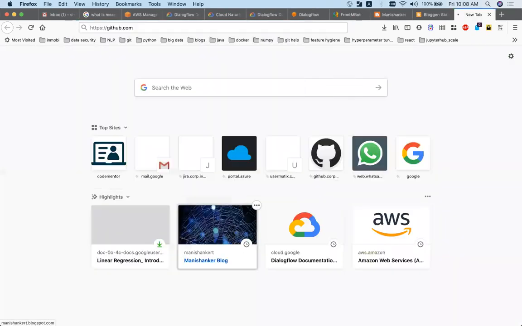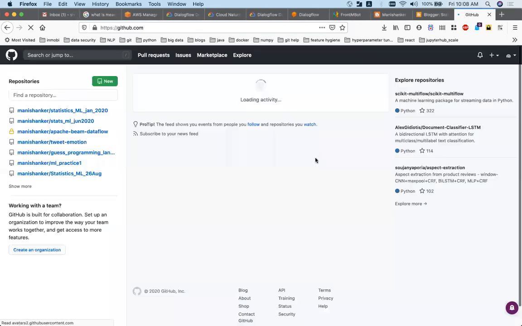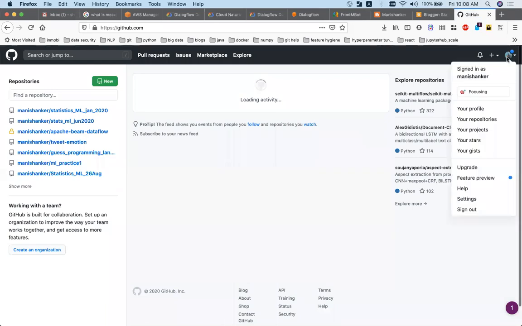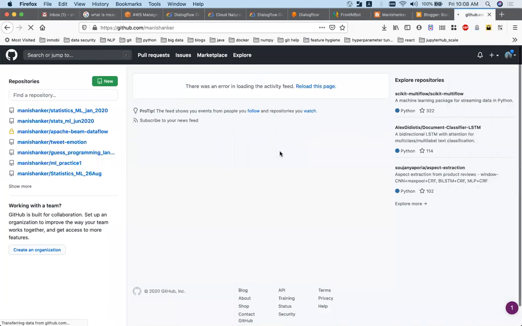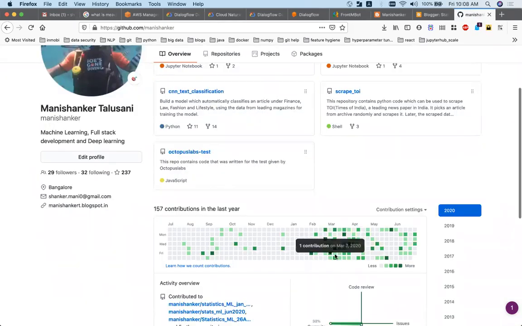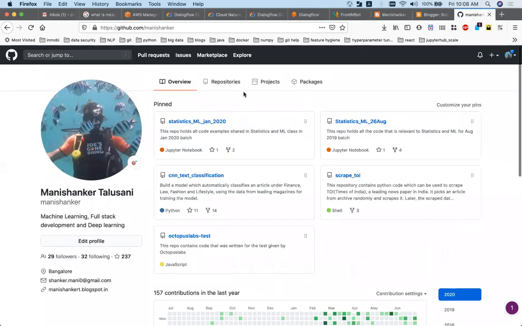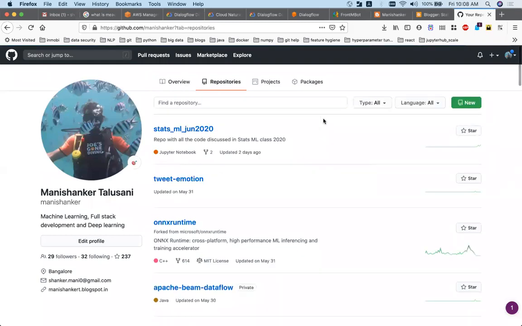Same goes with your GitHub also. If you go to your GitHub and see your profile, let's say if you share this, you can see that this guy is doing some code in February, March, April, May, and June. Let me see his repositories. Let's say I'm trying to look at my profile.